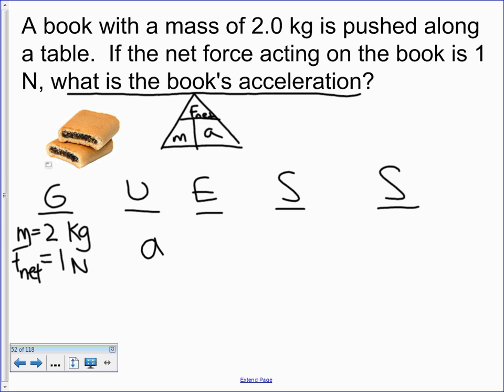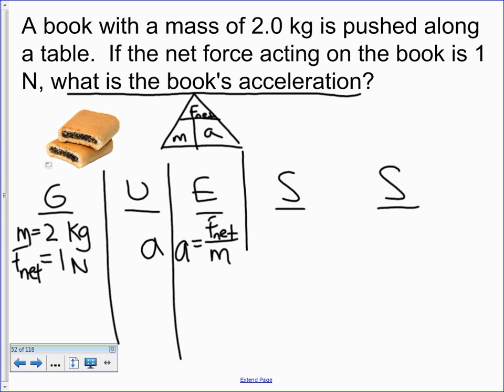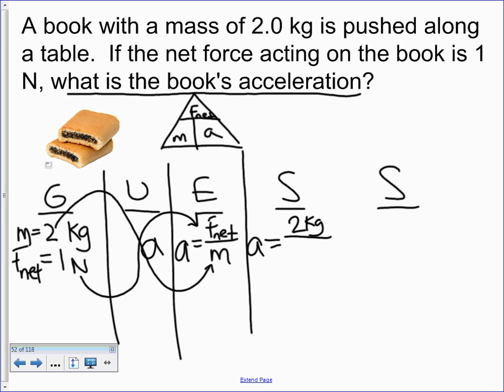Our equation for acceleration is net force over mass. If we substitute it in, we have acceleration equals 1 Newton divided by 2 kilograms.